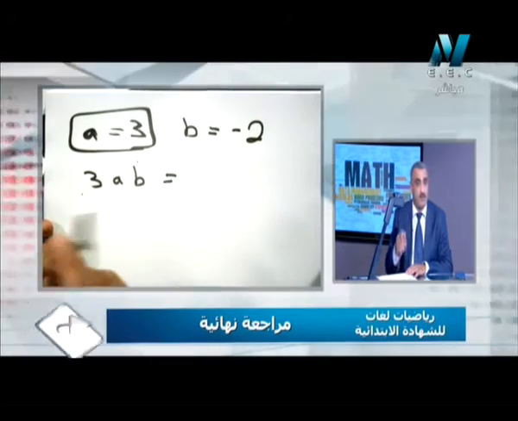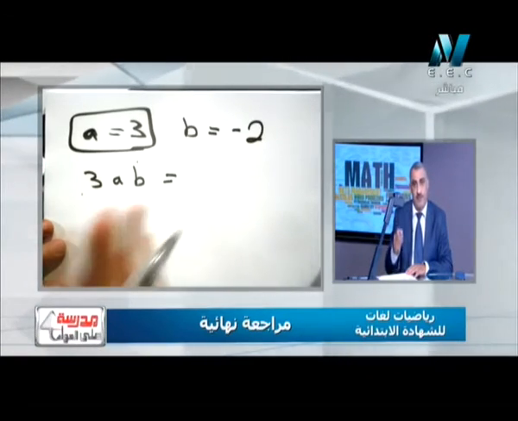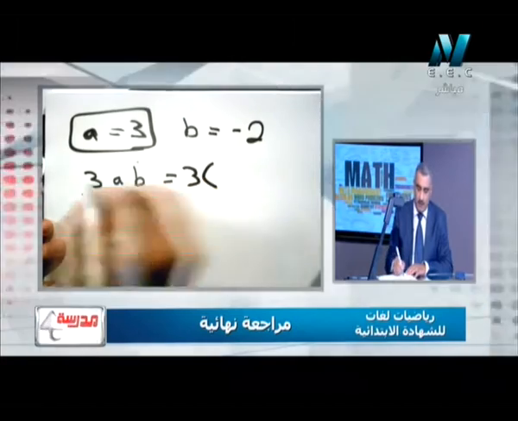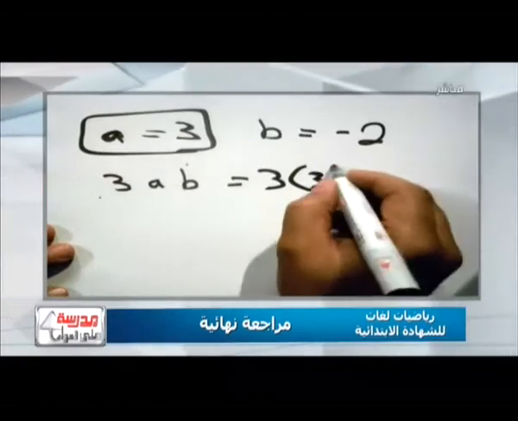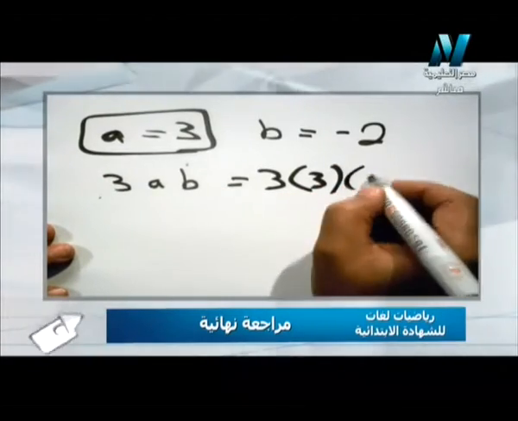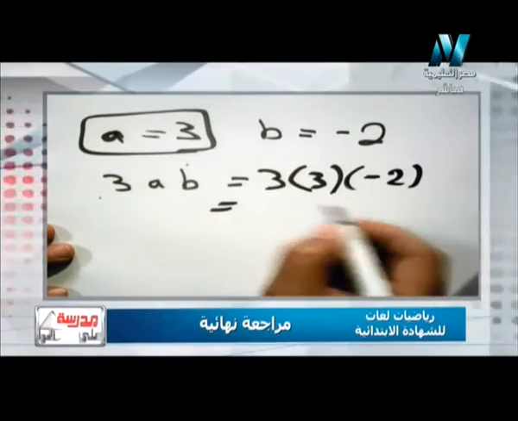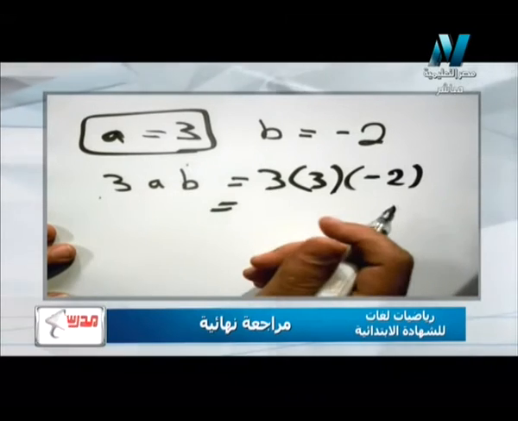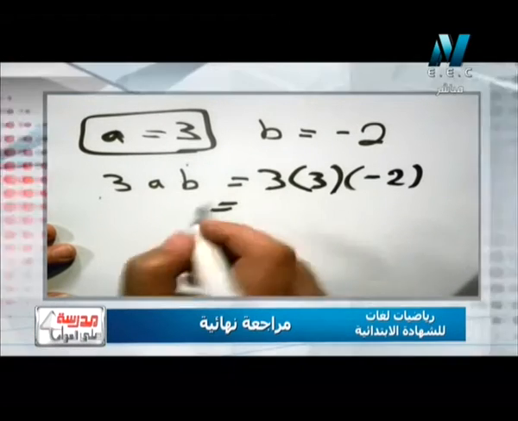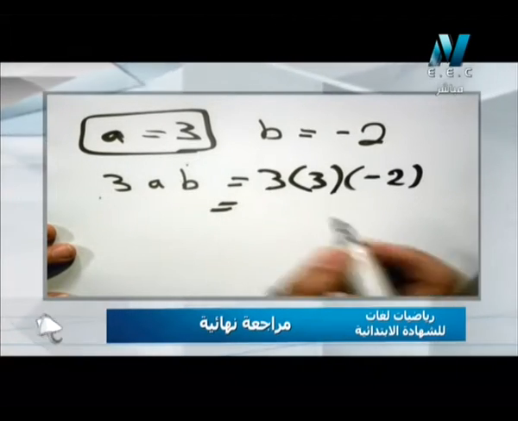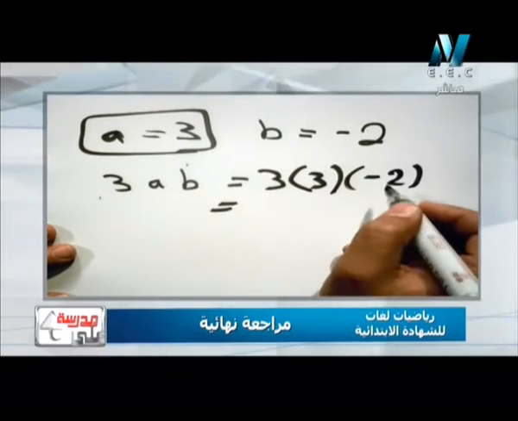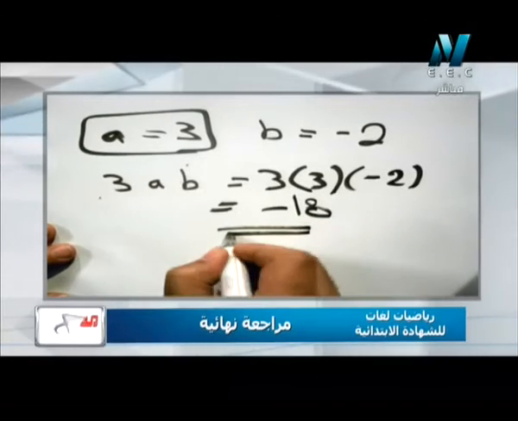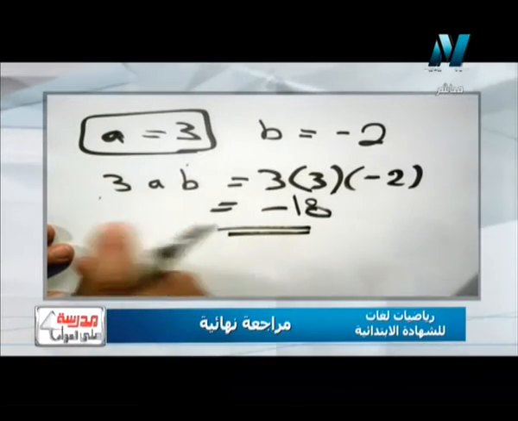The value of A equals 3 and the value of B equals negative 2. 3AB, my dear students, means 3 times A times B. 3 times A, what is the value of A? Excellent. Times B, what is the value of B? Negative 2. You can use your calculator to get the result, or you can find the result without using the calculator, up to you. 3 times 3 is 9, 9 times negative 2, the result will be negative 18. So easy to get the result.